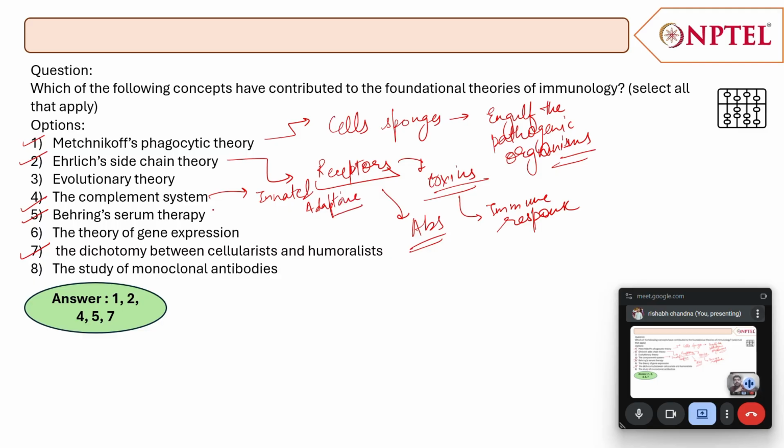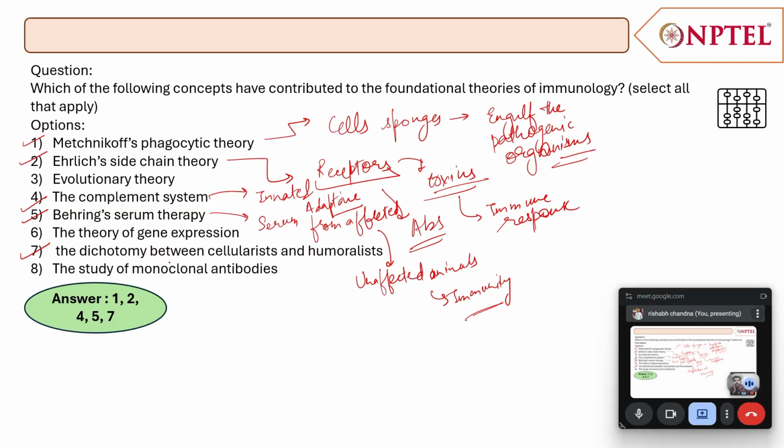Then the Behring serum therapy. Behring suggested that serum from affected animals, as we have discussed in the previous slides also, if given to unaffected animals, can develop immunity against the disease.